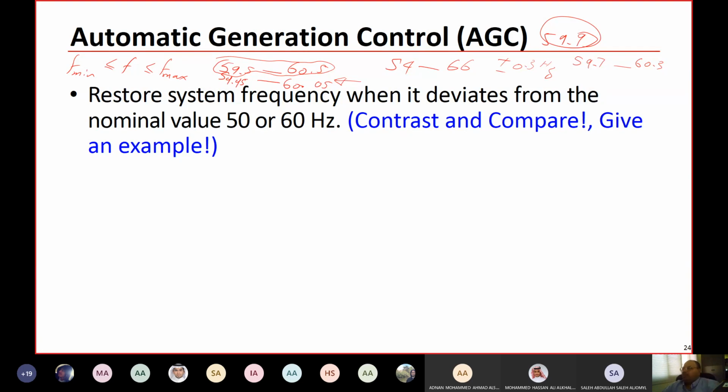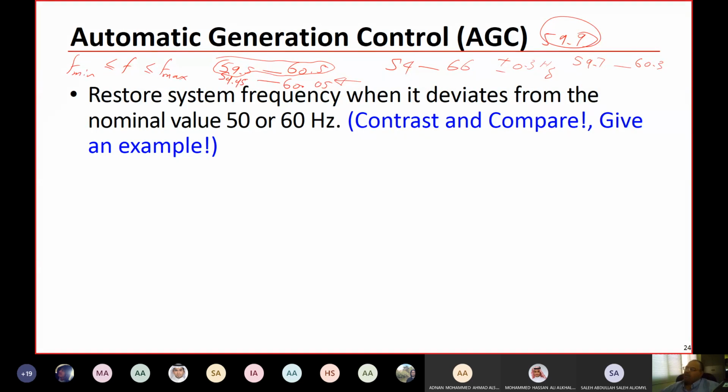And this action will be what we call in power system load shedding. The power system operator will send a signal to switch off some loads. A residential area, for example, is not that much important. So if there is a deviation in the frequency here, then they will switch off some of the residential areas.